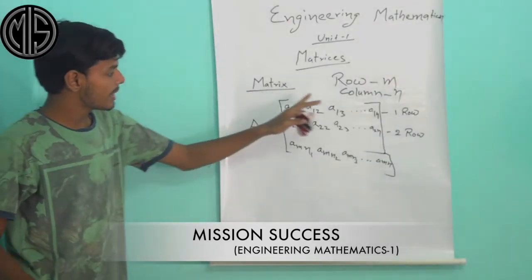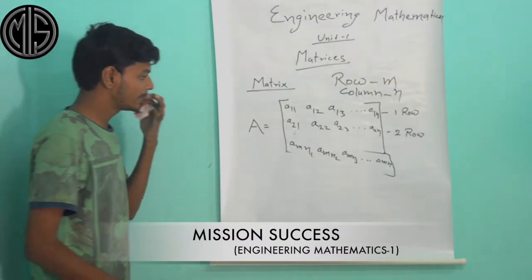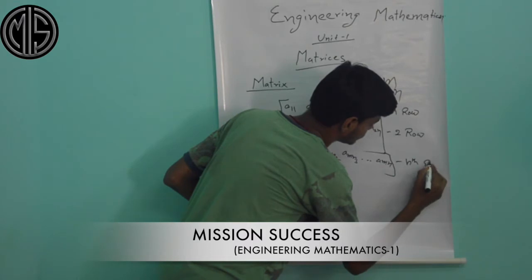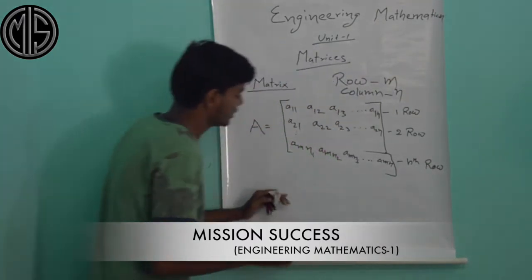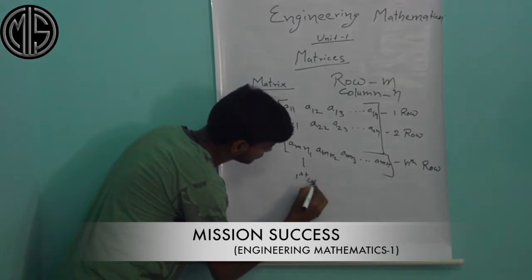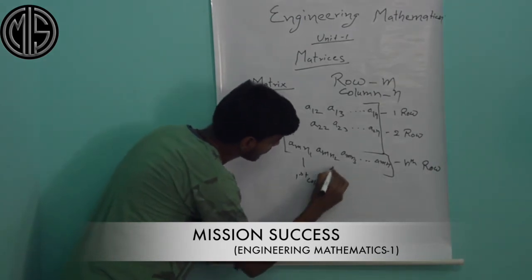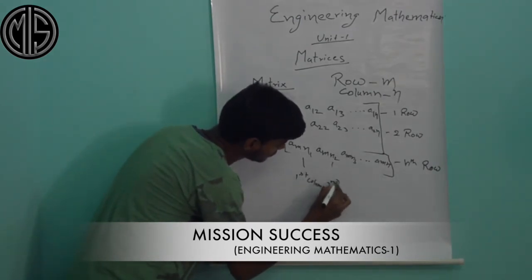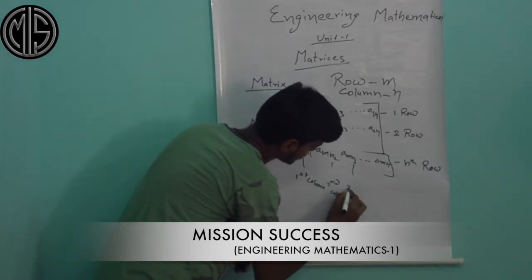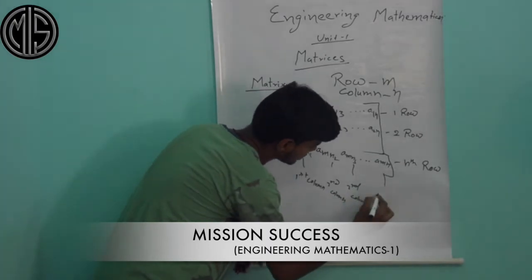The arrangement of a matrix should be like this. This is the nth row. See, first column, second column, third column and nth column.